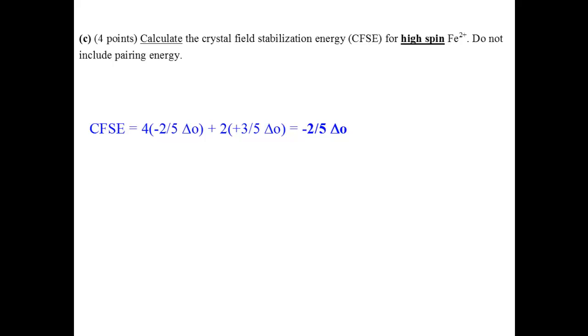You sum it up and end up with a CFSE of negative 2/5 delta 0. How do you calculate CFSE for a low spin species? In that case, you place all your electrons in the T2G set, so the CFSE is negative 12/5 delta 0 for a low spin species.